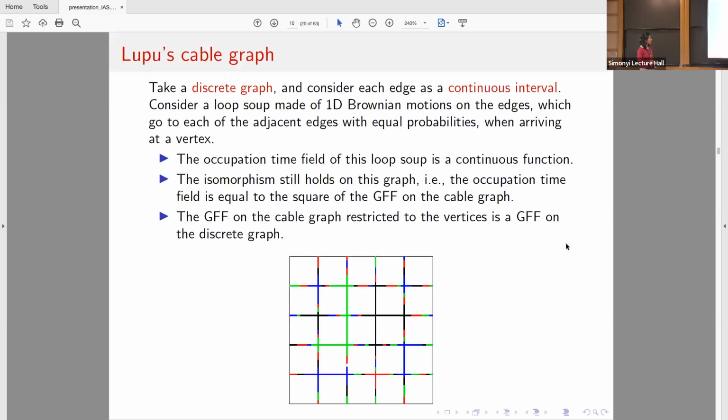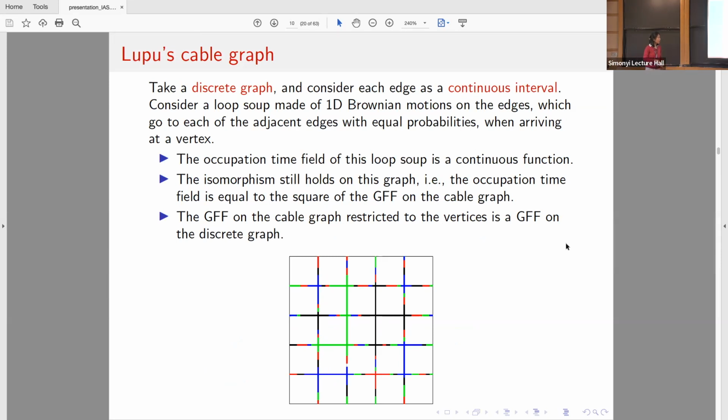So in the continuum two dimensions, we need to do all these renormalizations, which is rather inconvenient. So Lupu has introduced a cable graph system, which serves as an interpolation between the discrete and the continuum.